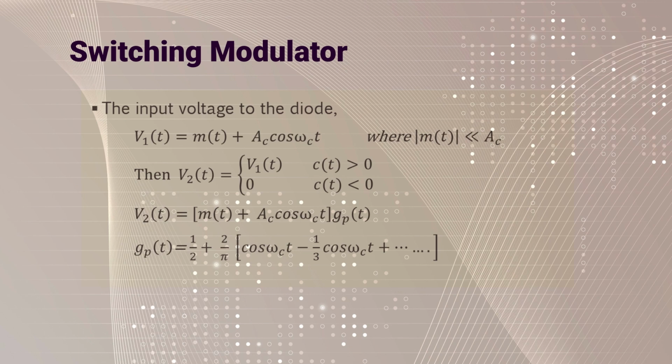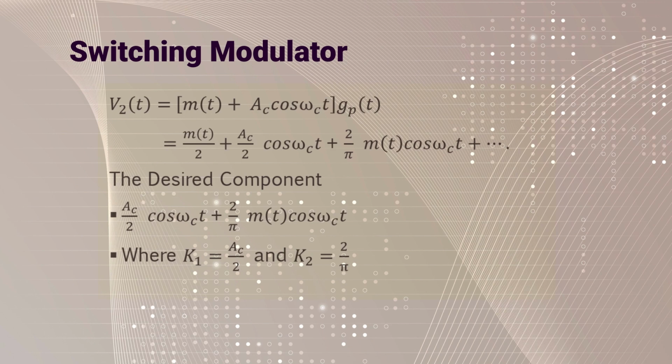Now, this function is multiplied by m(t) plus Ac cos omega c t, then the output will be m(t) by 2 plus Ac by 2 cos omega c t plus 2 upon pi m(t) cos omega c t and so on.